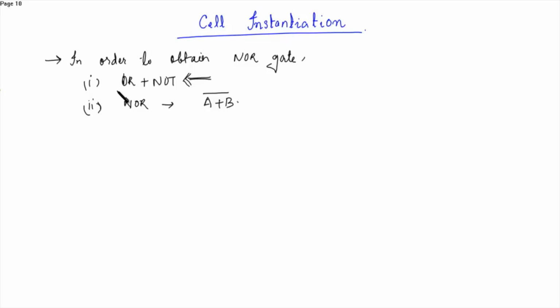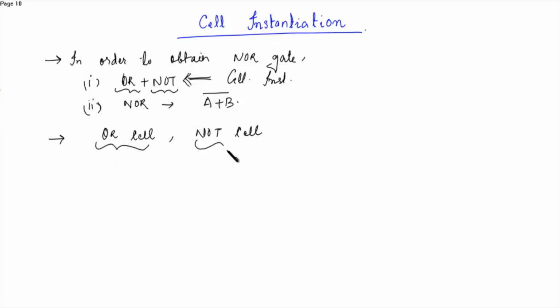If you want to use OR and NOT, then you have to take the cell instantiation process. In the cell instantiation process, we need two cells, the OR cell and the NOT cell. That is the OR layout and the NOT layout. Suppose you have already drawn the layout of OR and the layout for NOT.